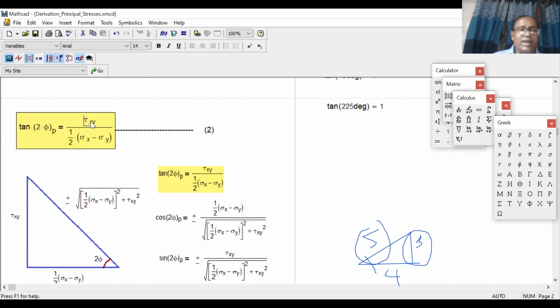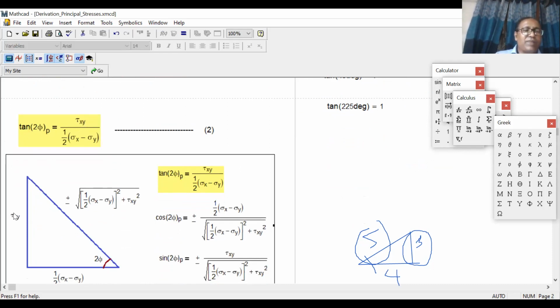So tau xy is my perpendicular, and half of sigma x minus sigma y is my base. So what will be this length? Square of this one plus this one squared, then root over. We get plus minus this one, since it's a root, right? Now we have this length, we have base, we have perpendicular. We can figure out cos 2 phi. Cos 2 phi equal to base by hypotenuse, then sin 2 phi equal to perpendicular by hypotenuse.